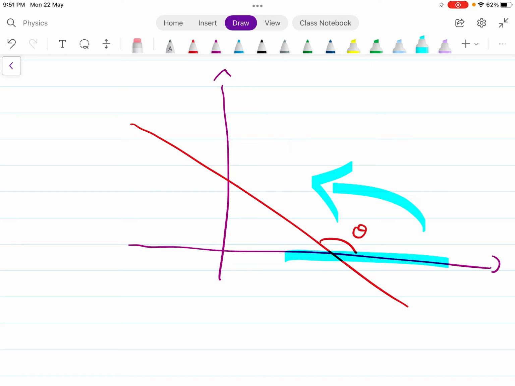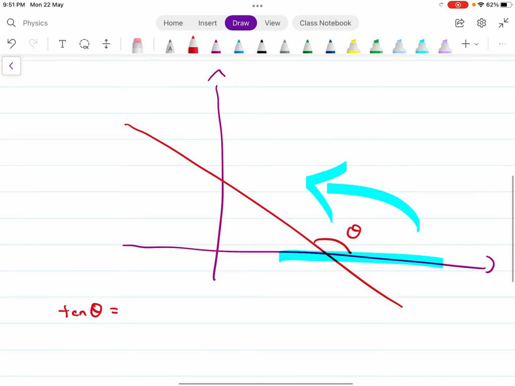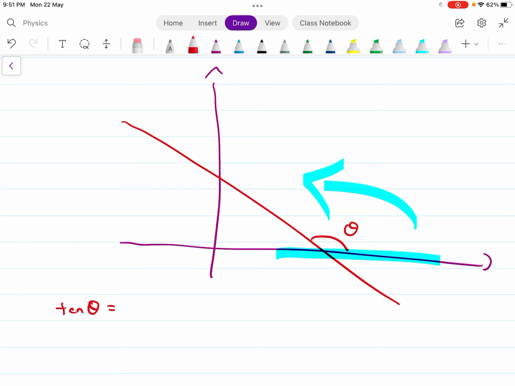So the theta is always with respect to the x-axis and you go anti-clockwise. So the theta is this thing. Based on this idea, you can see that theta is more than 90, so tangent theta will be negative. So that's why this will be -2.